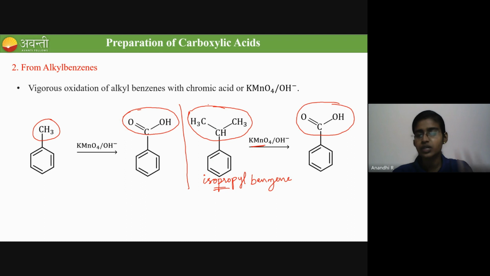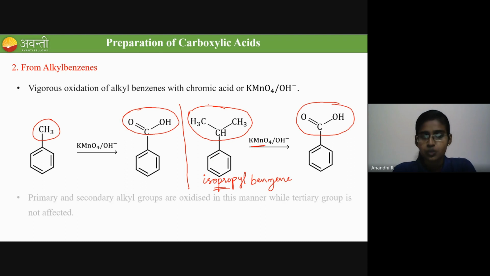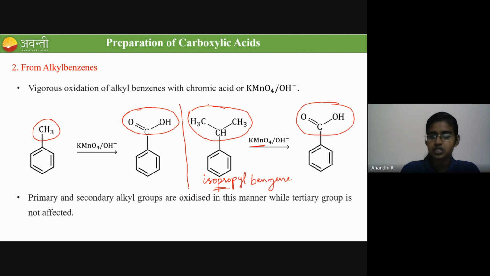But there is one exception. What is that exception? Only primary and secondary alkyl groups are oxidized. A tertiary alkyl group system will not get oxidized to carboxylic acid. What is meant by a tertiary alkyl group? Suppose I have C6H6 attached to a tertiary butyl group.